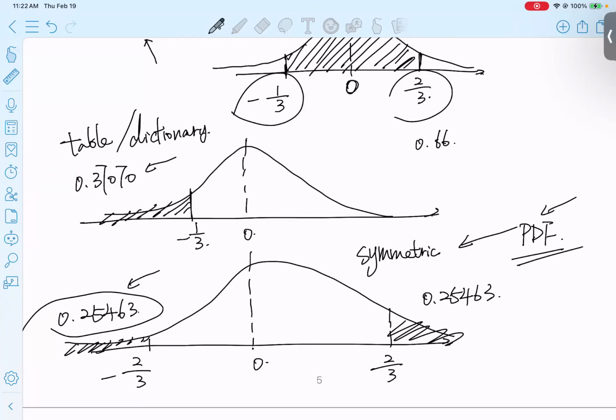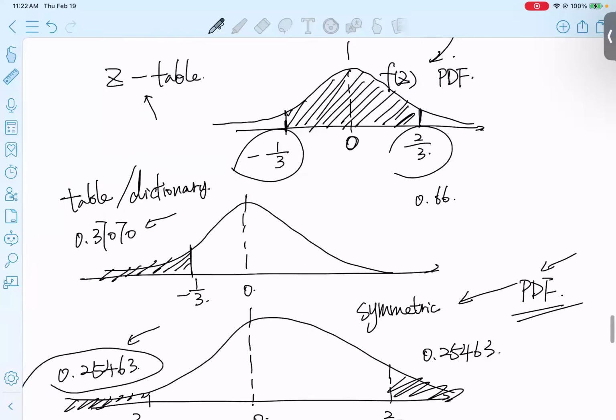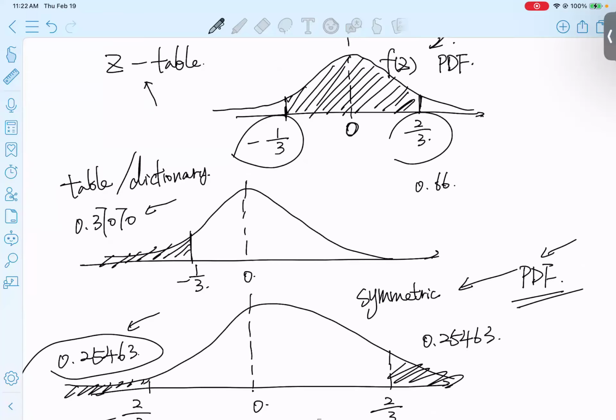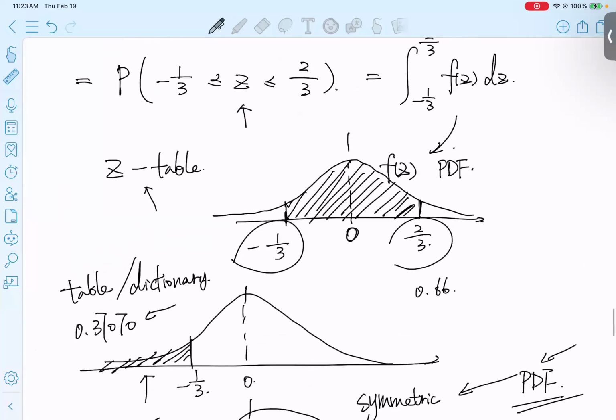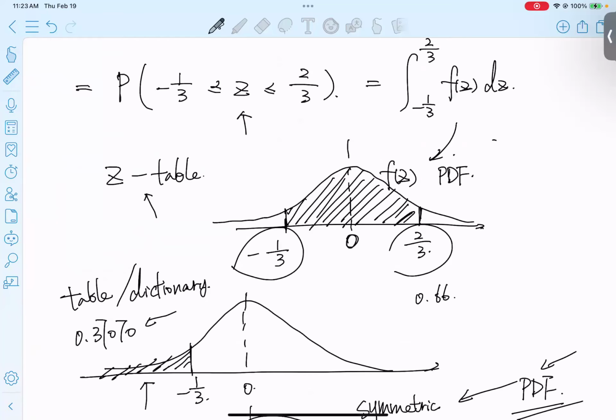Okay, so now the information that we collected so far is the region in the lower tail below negative 1/3, and also the region above positive 2/3. Then here is the problem of interest. How do we get the targeted region?